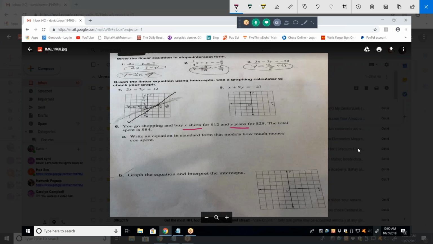They've told you that X is going to represent the number of shirts you bought. Y is going to represent the number of jeans you bought. And you spent a total of $84. So write me an equation that represents the number of shirts you bought times the price of each shirt plus the number of jeans you bought times the price of each jean.